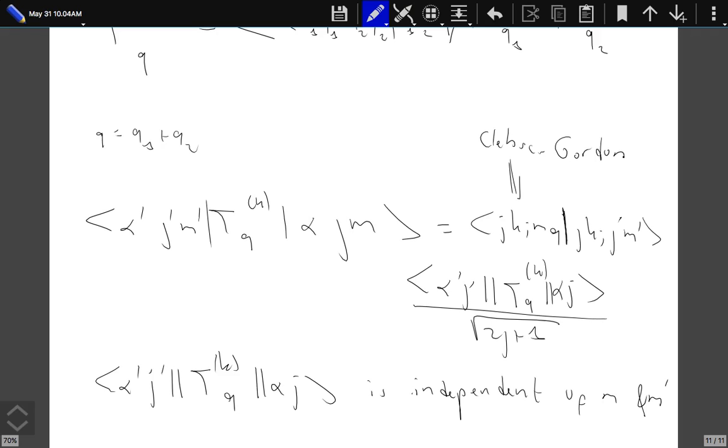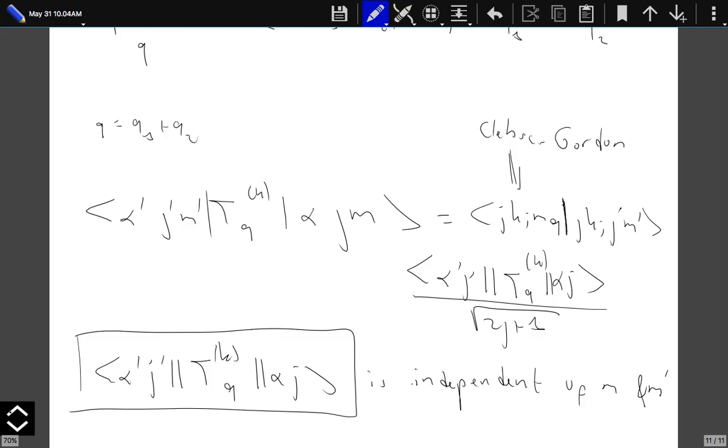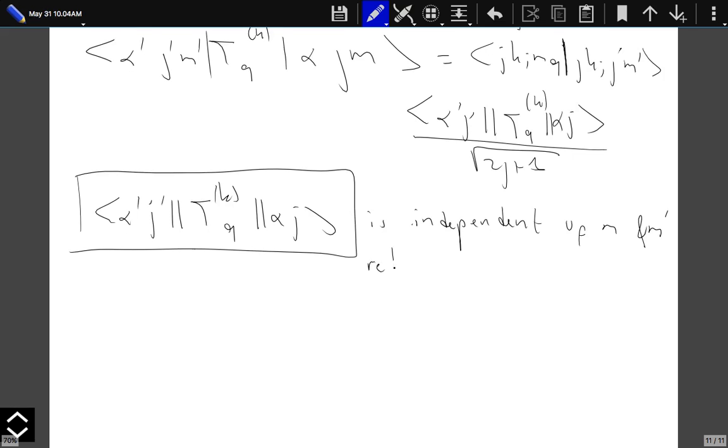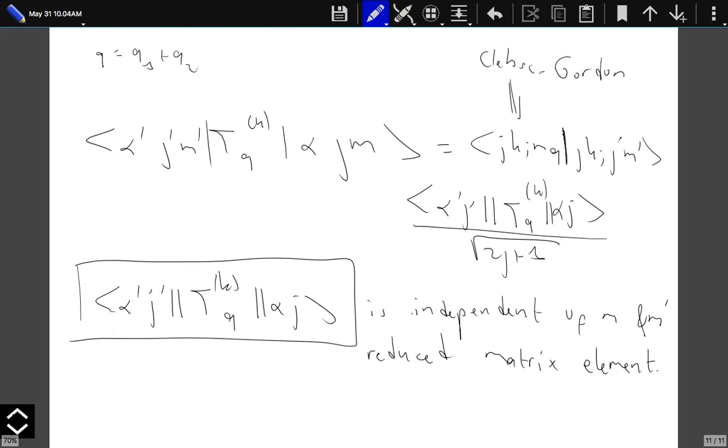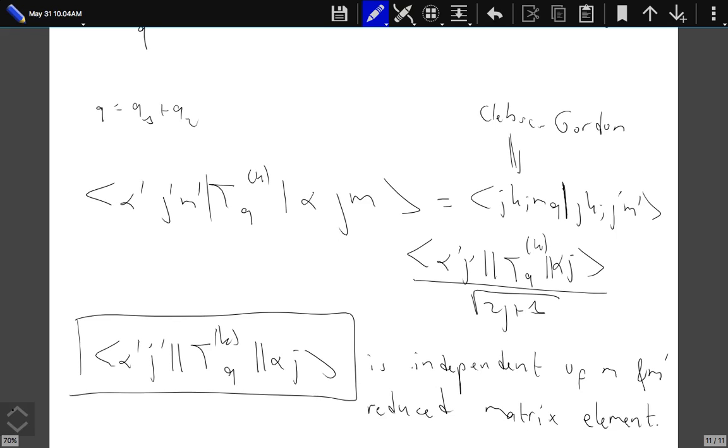You don't need to calculate the matrix elements for various values of m and m prime. You just pick up one possible value of m and m prime, calculate that matrix element, and using this relation, obtain this matrix element, which is also sometimes called the reduced matrix element. And then we are done. You know all the matrix elements for all possible values of m and m prime. Just pick up one. If you calculate one of them, that is enough.